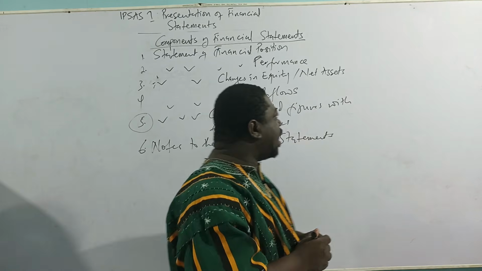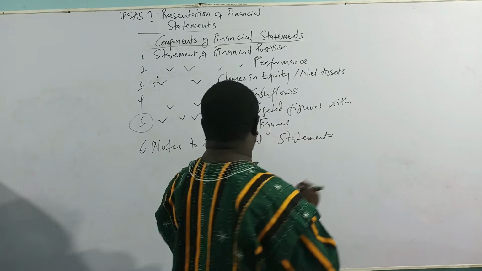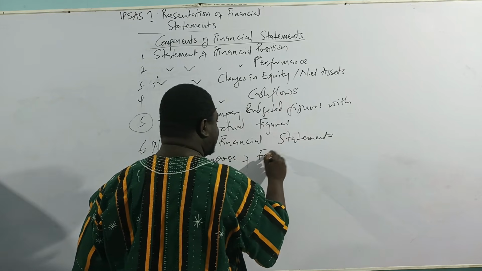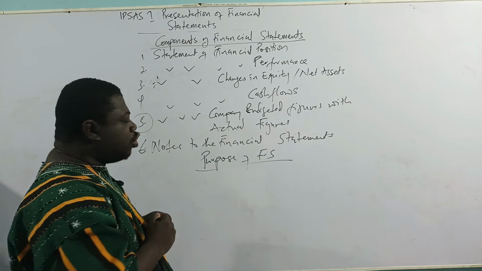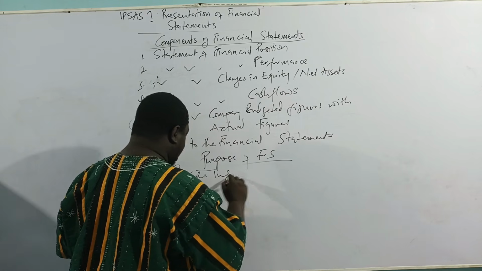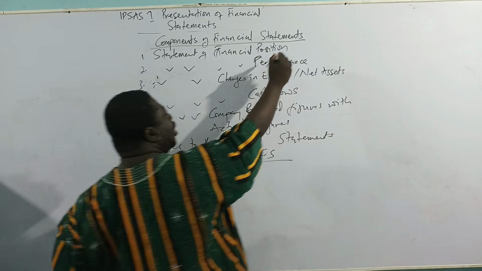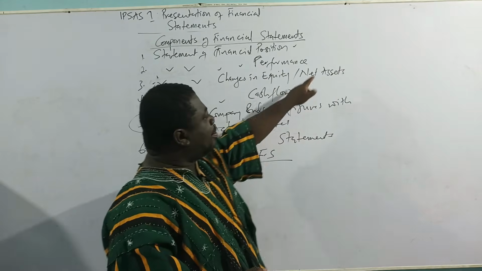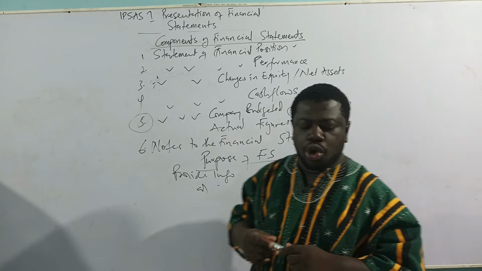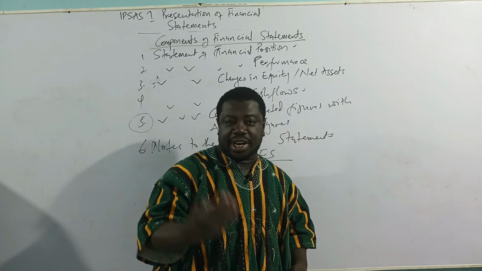So let me just write: purpose of financial statements according to IPSAS 1, to provide information about A, financial position of the organization, B, financial performance, and C, the cash flow.